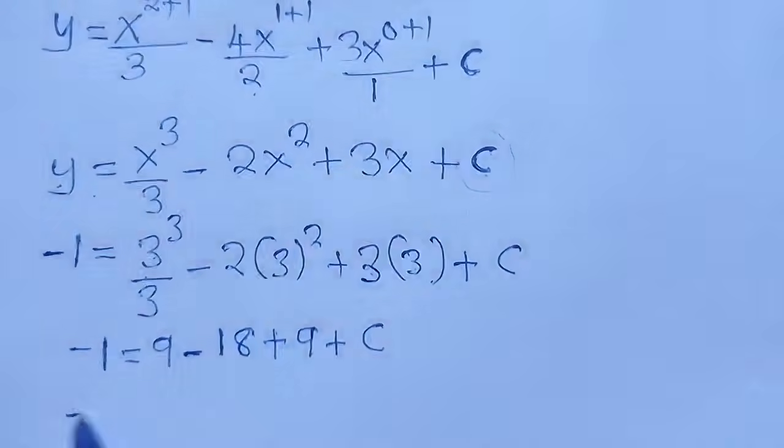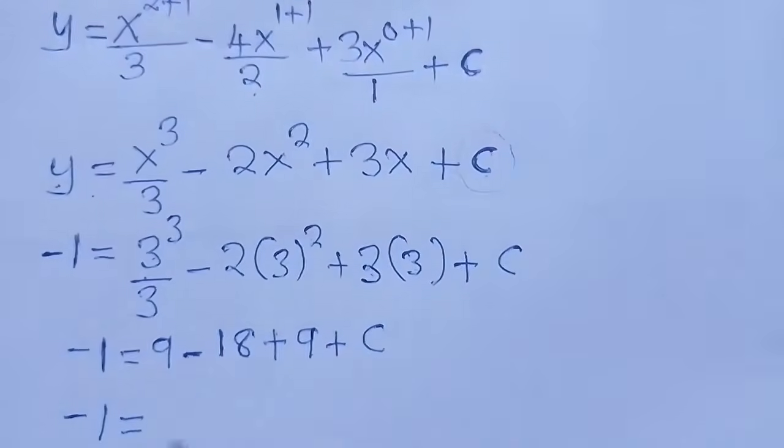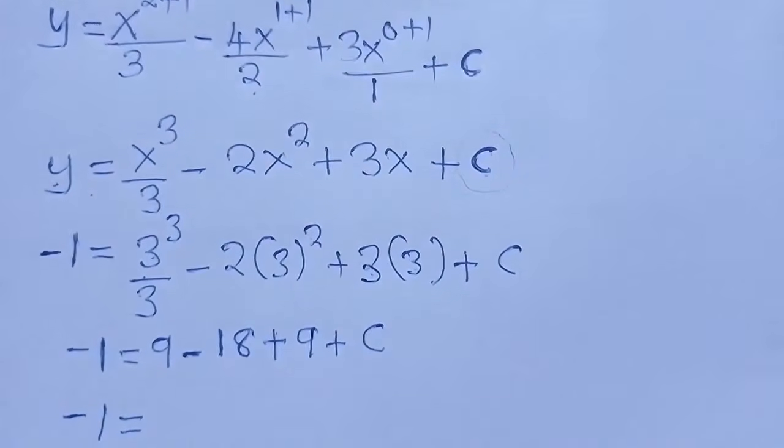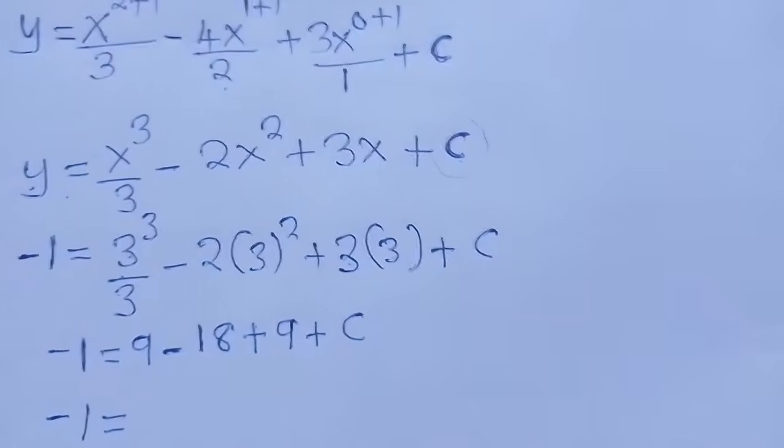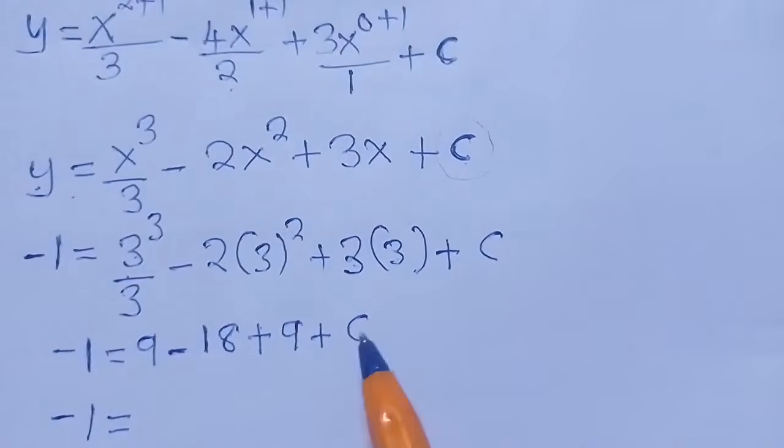Say -1 is equal to, what do you get when you do your calculations there? You say 9 minus 18 plus 9. What answer are you going to get? Definitely, you are going to get a 0. So you get a 0. So 0, then you are just going to remain with a c here.